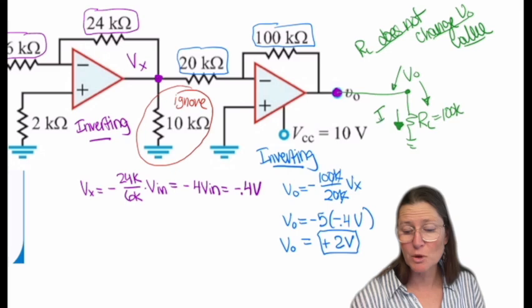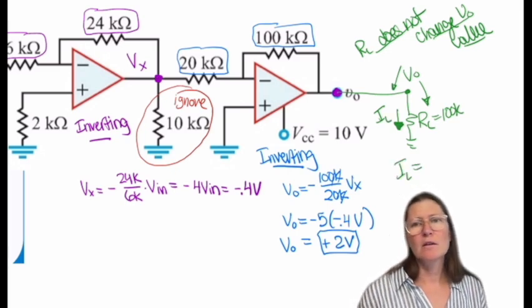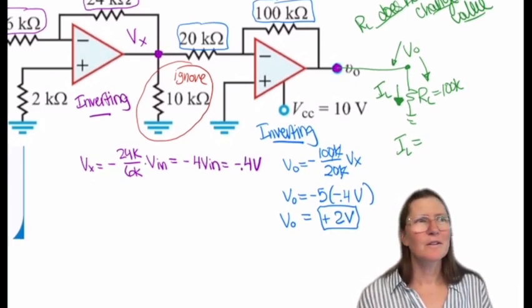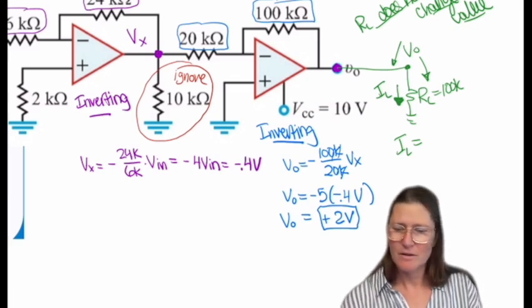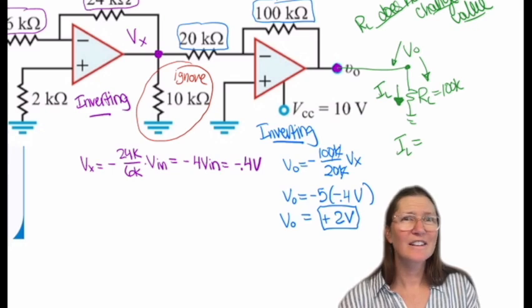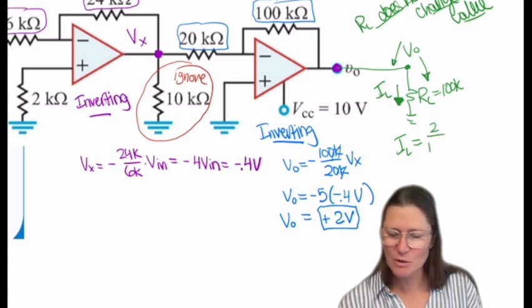Or first off, what will be IL? It will be V naught over RL, correct? And that's 2 in this case, so we have 2 over 100K.